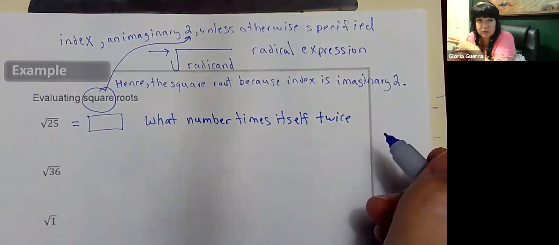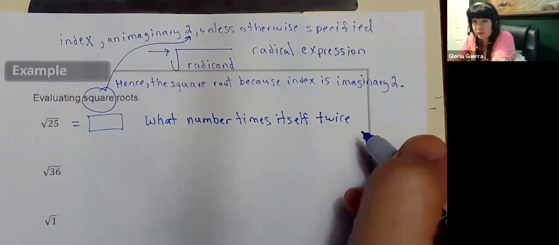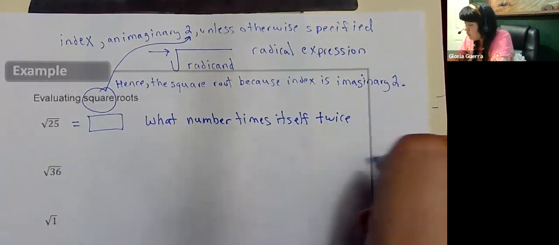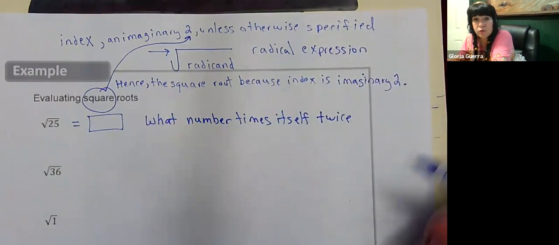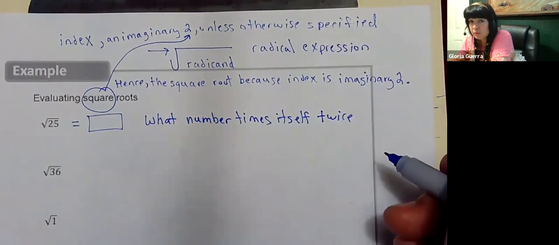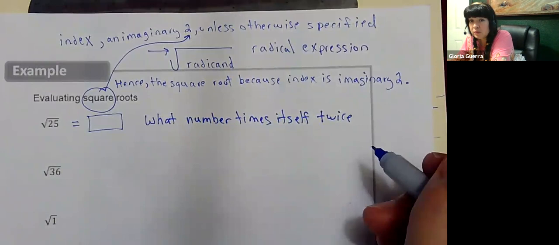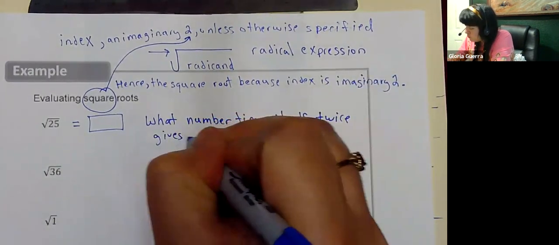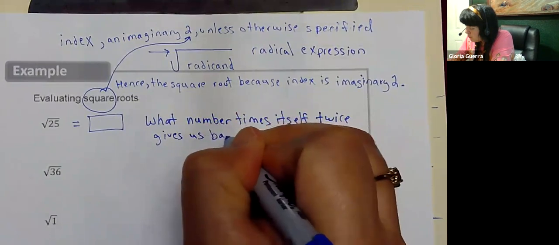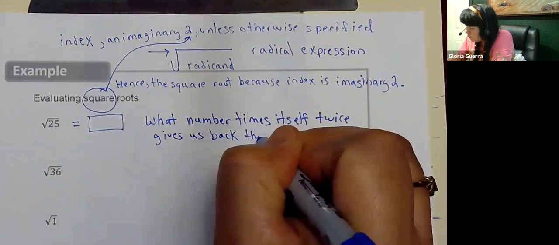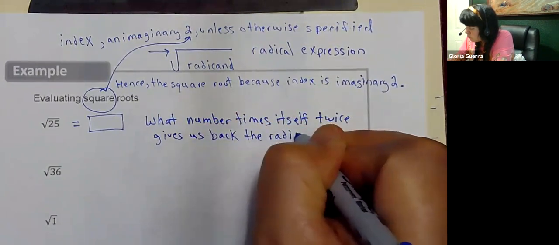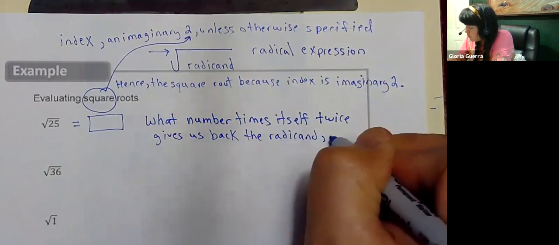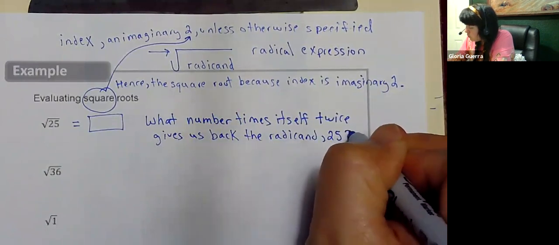That's where the 2 comes in. What number times itself, but how many times? Just twice. What number times itself twice gives us back the radicand, which in this case is 25.